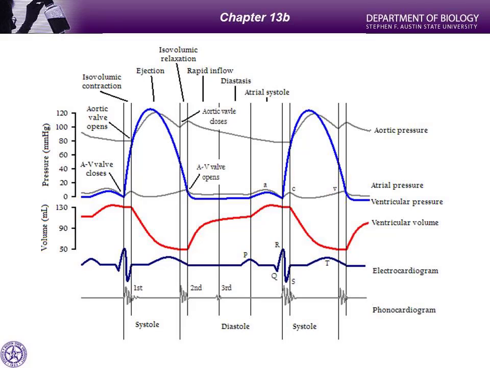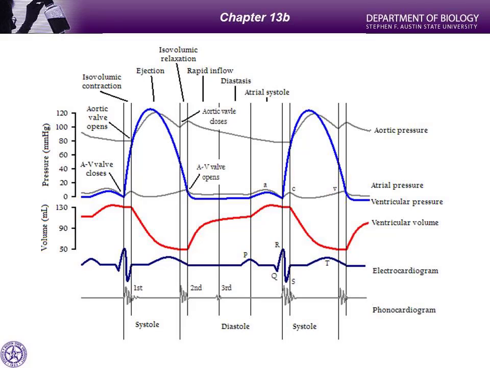We can also see our waves down toward the bottom, the P wave, QRS, and T. Here we have our heart sounds, S1, AV valves closing, S2, our semilunar valves closing. And you can also see these demarcated in the changes in our ventricular pressure and ventricular volume.